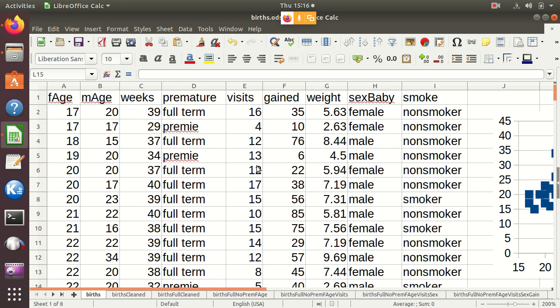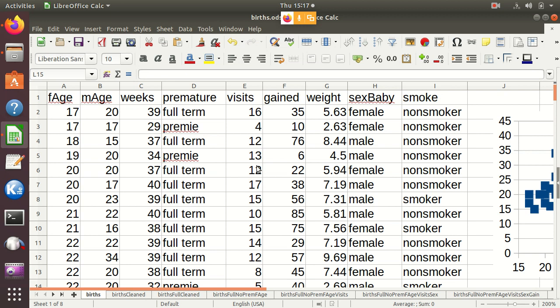Think about father's age and mother's age. If you heard the mother was 27, you probably wouldn't expect the father to be 62. You might not even expect that father to be 42. You might expect that father to be somewhere between like 23 and 31 or something like that.